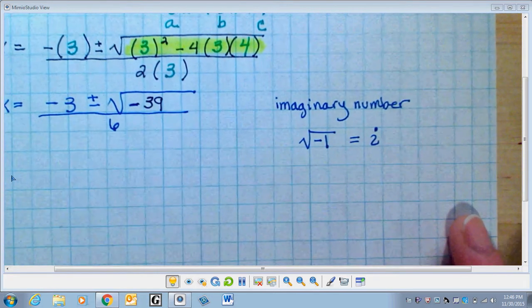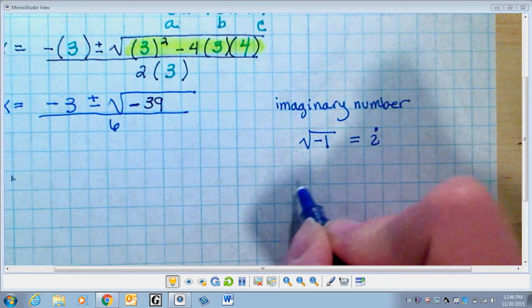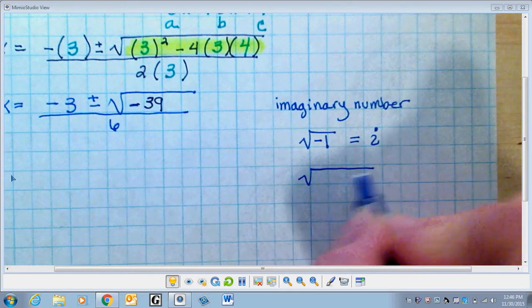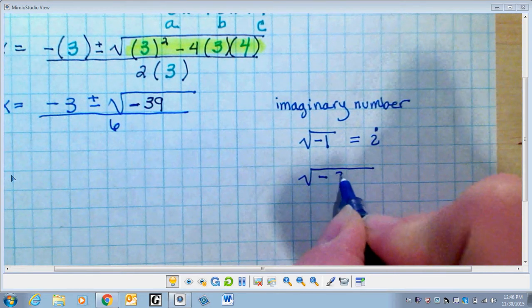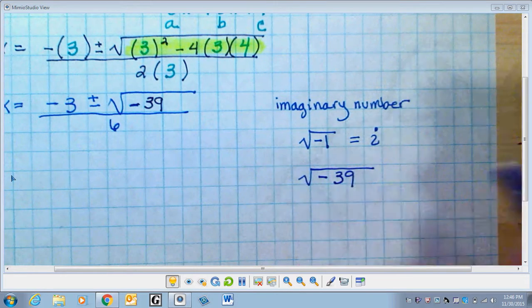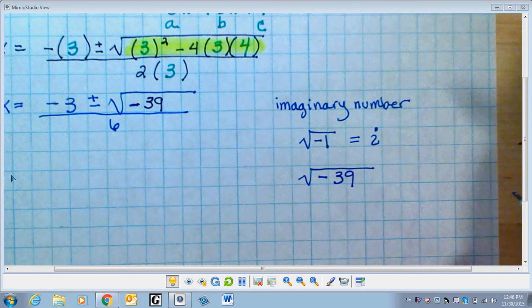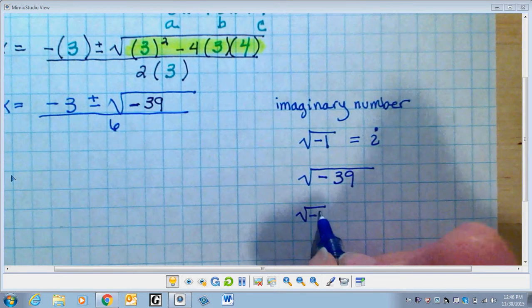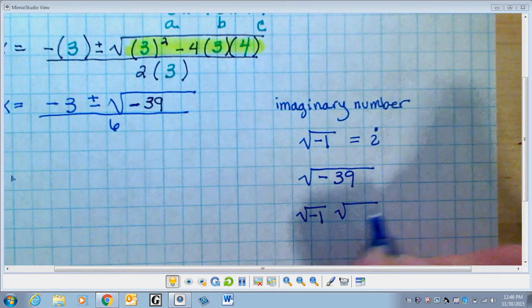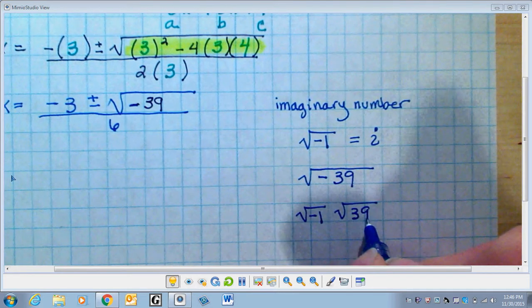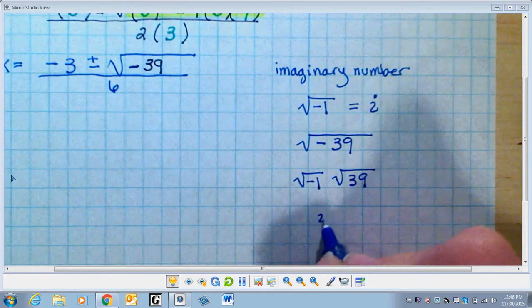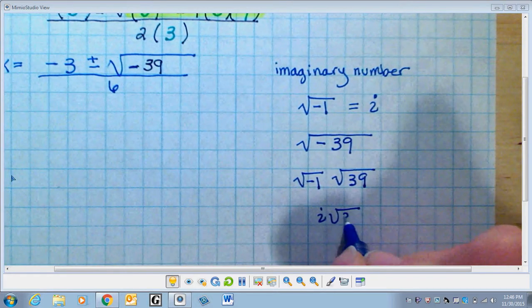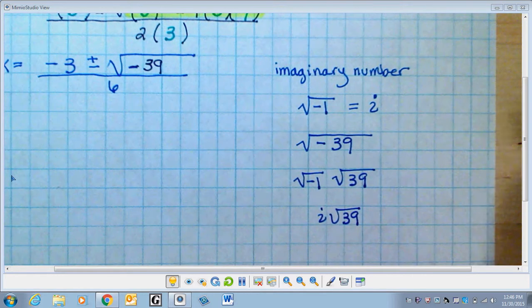So what do I mean? Let me do this over here. Let's just look at the square root of negative 39. Okay? So if I were to factor this, that's going to be the square root of negative 1 times the square root of 39, which gives me i square root of 39.